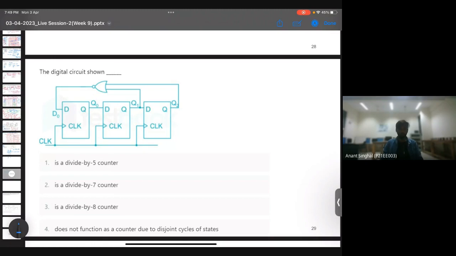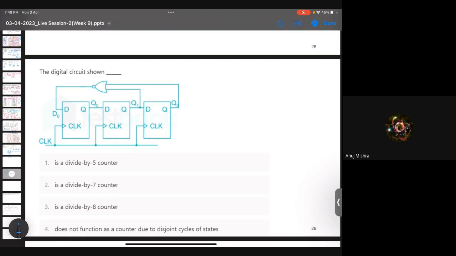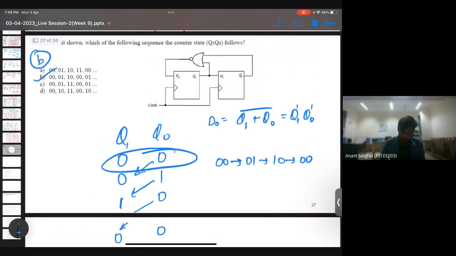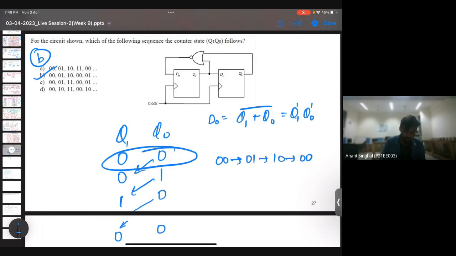It is a similar problem, just it has three flip flops now. Sure, okay. So we have a Q1 Q naught which is initially 0 0 I've taken, and you can see this Q naught is dependent upon Q1, which is getting NORed with Q naught.